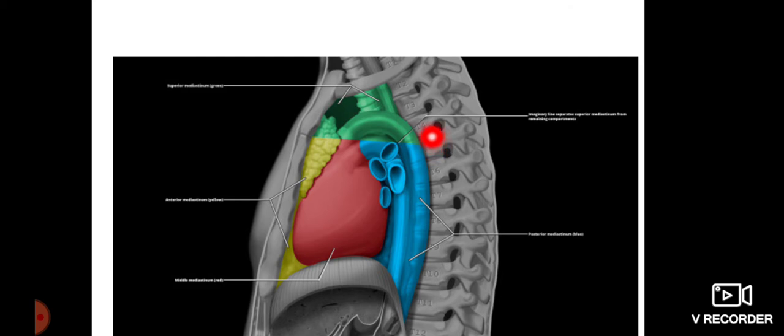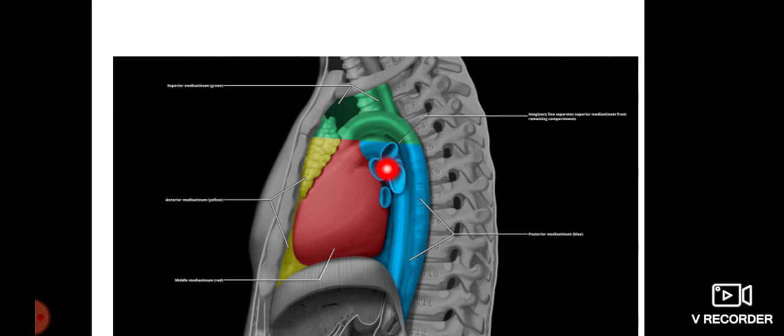You can see the thoracic vertebrae here and in front the sternum. The sternal angle lies between the manubrium sterni and the body of the sternum. This junction denotes the sternal angle, which lies opposite the T4 vertebra. So up to this level is the superior mediastinum and below this level is the inferior mediastinum, which is limited in the lower part by the diaphragm.